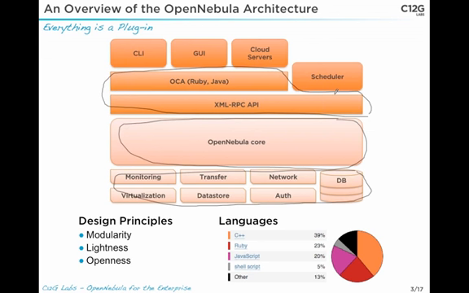The design principles of the OpenNebula architecture are modularity, achieved with this plugin approach; lightness, as the OpenNebula core is written in C++ and is able to handle a huge number of abstractions without big performance loss; and also the openness of the architecture. It's not just a matter of the license of the code, but also a matter of how easy it is to hack into it, so to speak.